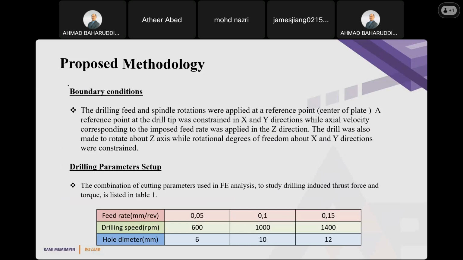For the drilling parameter setup, I will illustrate in this table. I will use three different feed rates, 0.05, 0.1 and 0.15. The drilling speed I will use 600 RPM, 1000 RPM and 1400 RPM. And hole diameter 6, 10 and 12.